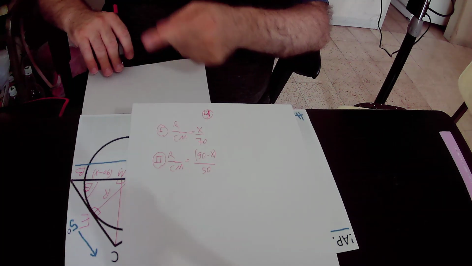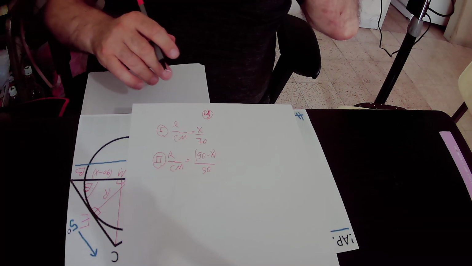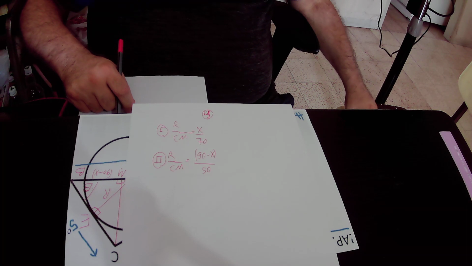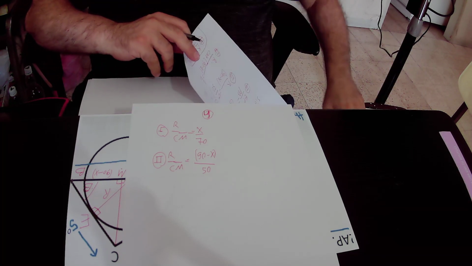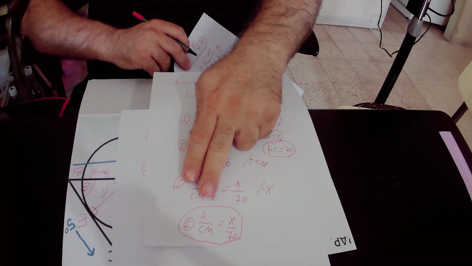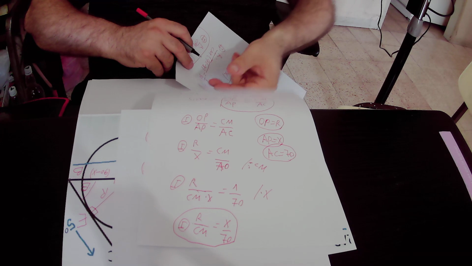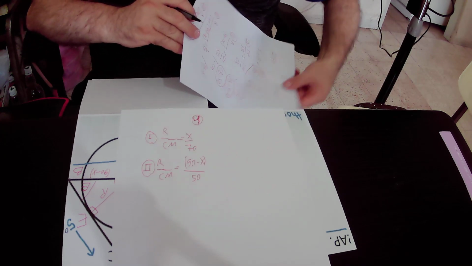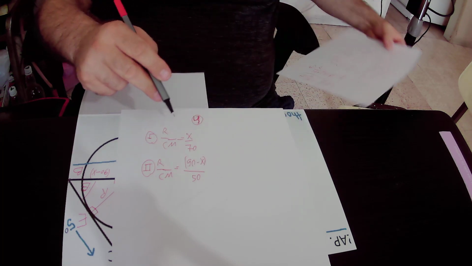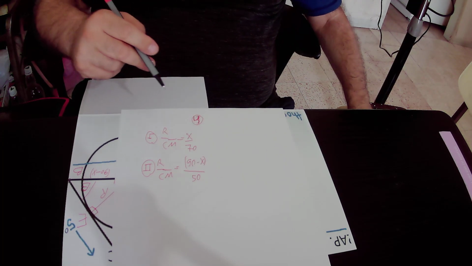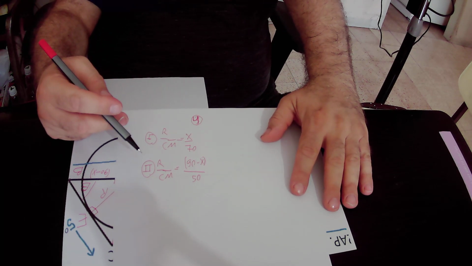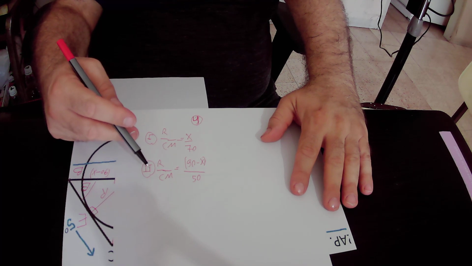So from the first equation we know that R over CM equals x over 70, and from the second expression we know that R over CM equals 90 minus x over 50. So I copied the two expressions of R over CM here, and now we'll create the third equation that states that R over CM equals R over CM.